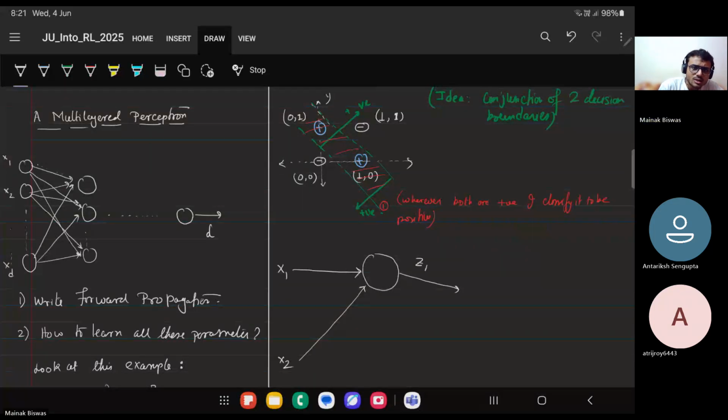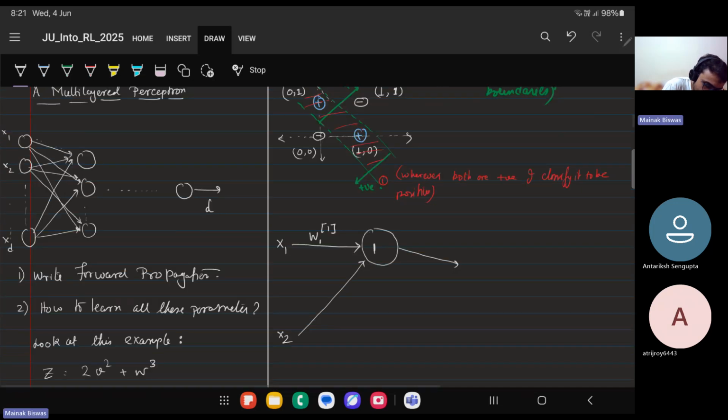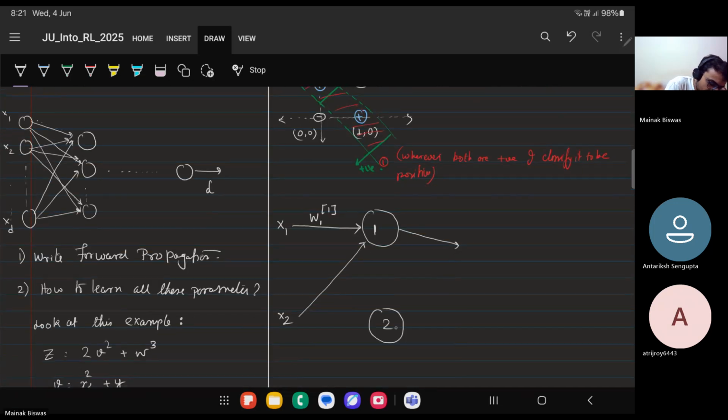The inputs have the weights W. I'll tell you slowly what these notations are, which will help you in the perceptron as well. This is neuron 1 and this is neuron 2. We'll come to it later.